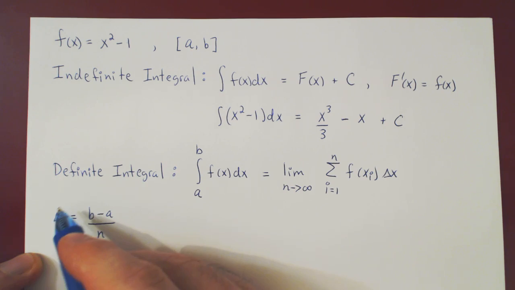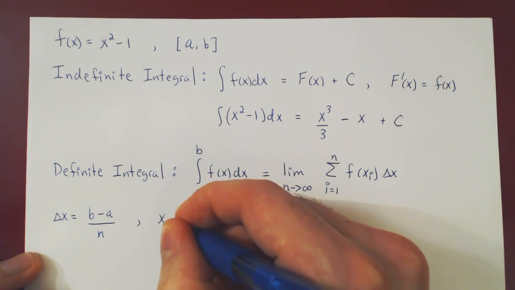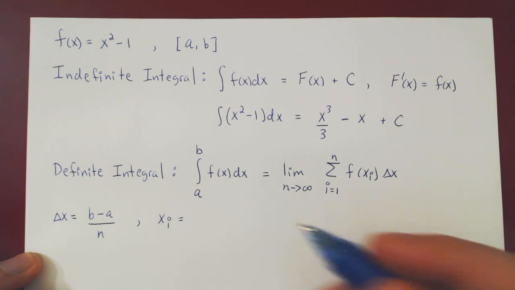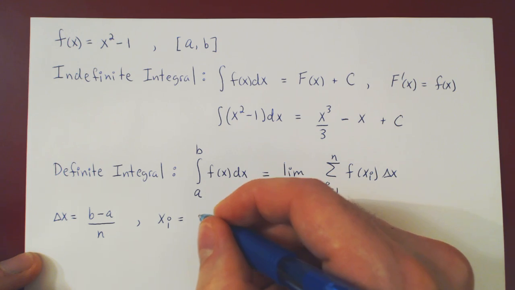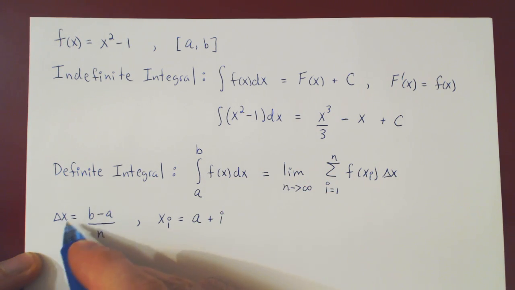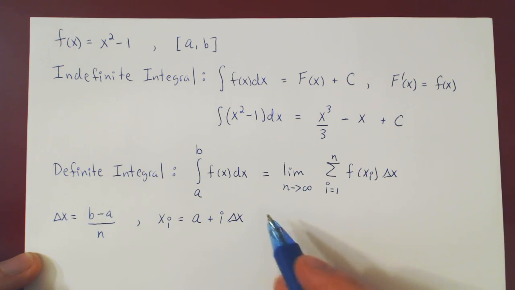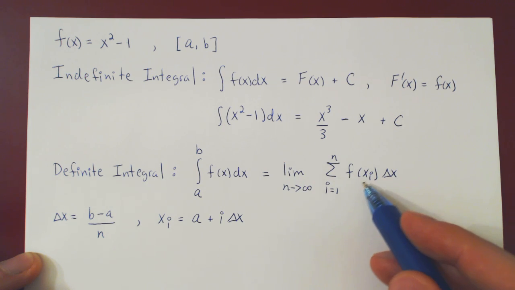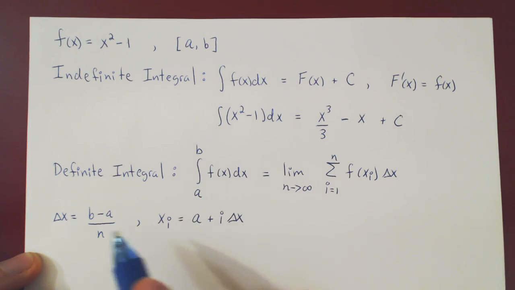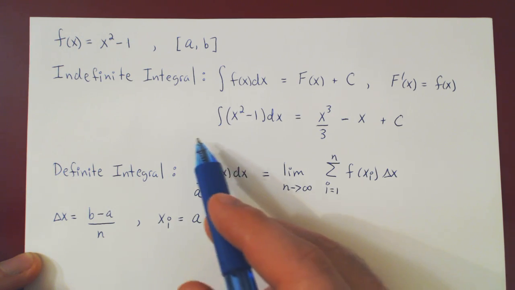So the width of each rectangle is b minus a over n. xi, the right endpoint of the ith interval, is obtained from a by adding i steps of size delta x. So there you have it. The limit of the Riemann sum for the function f over the interval a b is defined as the definite integral of the function, and here's how it's denoted.